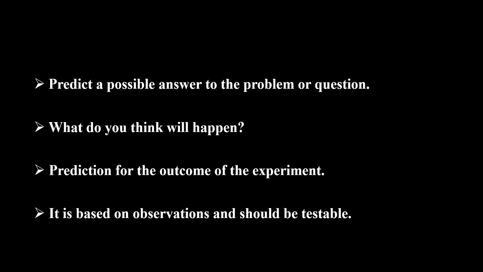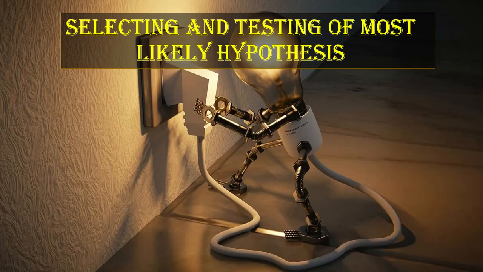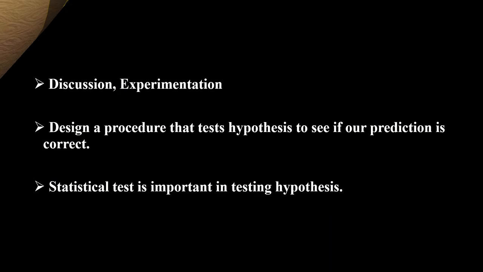So the next step is selecting and testing of most likely hypothesis. Selecting the most likely hypothesis out of the number of hypotheses requires special skills and involves analyzing, selecting and interpreting the relevant data, judging pertinence or significance of data for immediate problem.